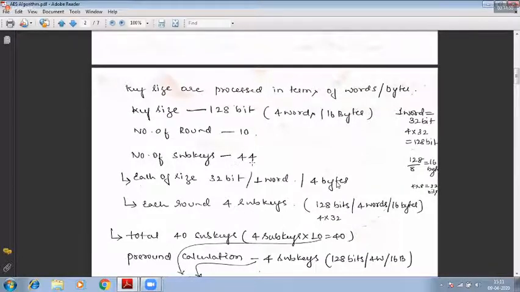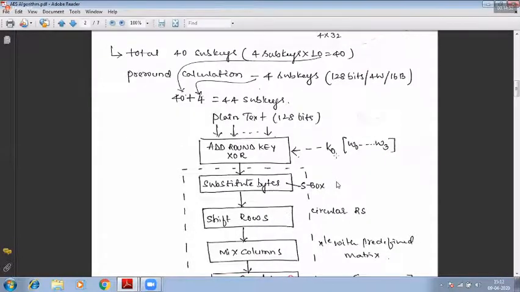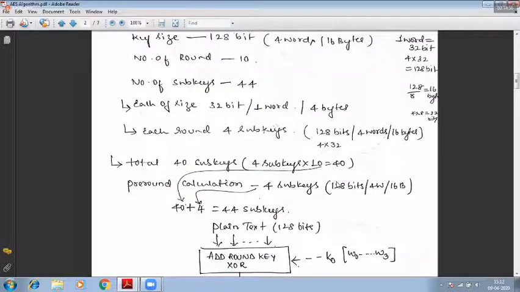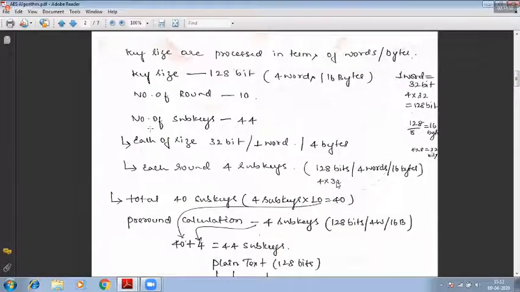This is based on how my algorithm proceeds, so how did I get this 44 is the trick here. Each subkey is of 32 bit, or one word, or 4 bytes. Each round has 4 subkeys. I have 10 rounds, so 4 into 10 becomes 40.